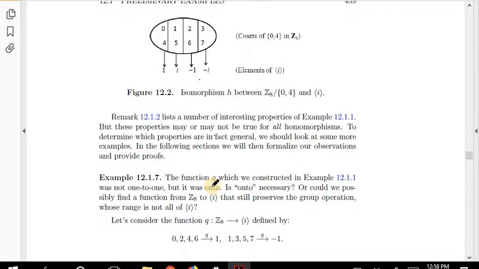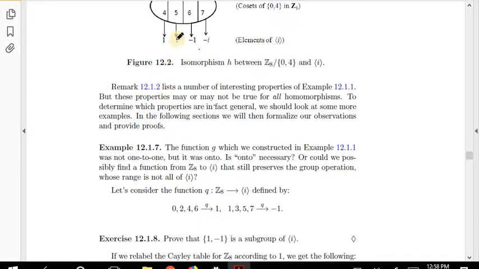Okay. In this case we had a function that was onto, but we could actually have a function that's neither one-to-one nor onto. In fact, this function here takes 0, 2, 4, 6 to 1 and 1, 3, 5, 7 to minus 1. It doesn't go to all of the fourth roots of unity, but only 1 and minus 1.